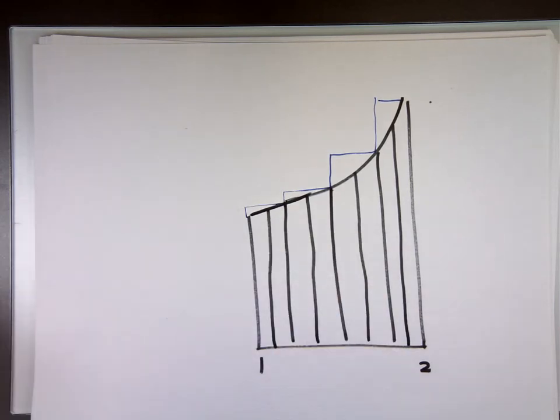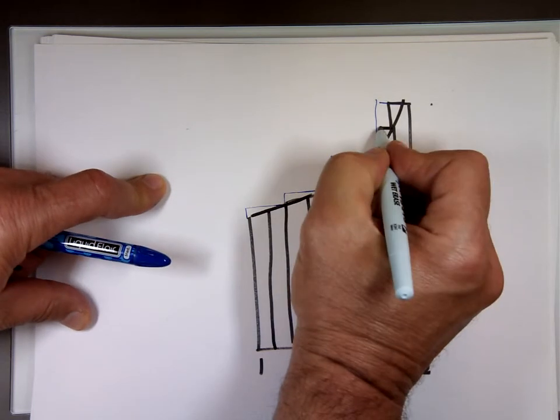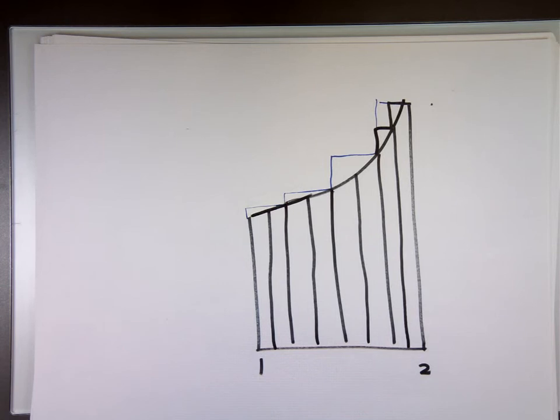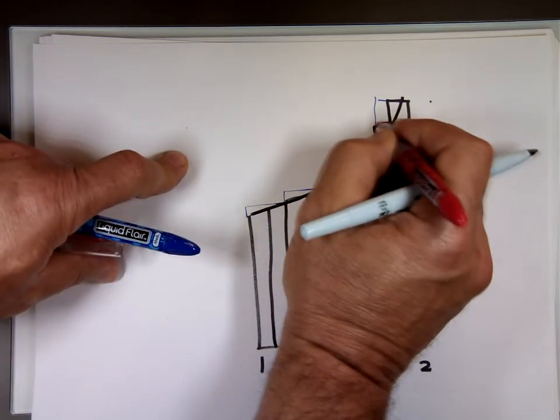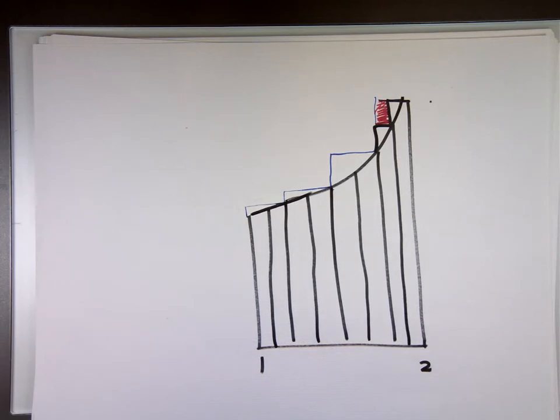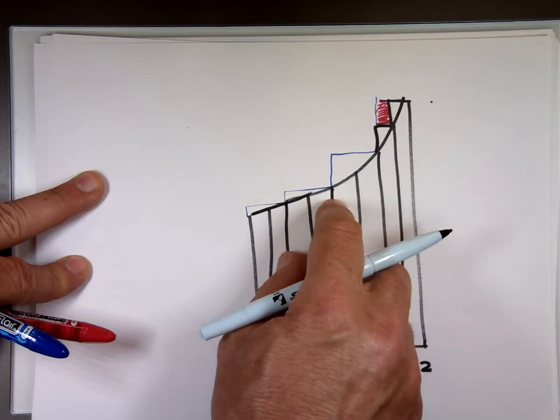So the first box is going to be this. The second one is going to be that. So what did we lose by going to double the number? Didn't we lose this area right here from our answer? That's no longer part of the error now. It's gone. Notice this. If I use the upper height, this will be part of the answer before. Now it's going to be this one.